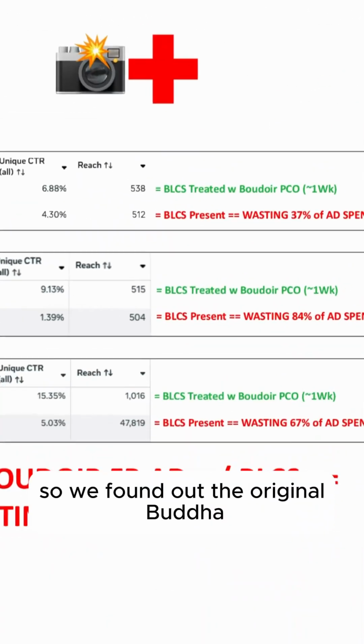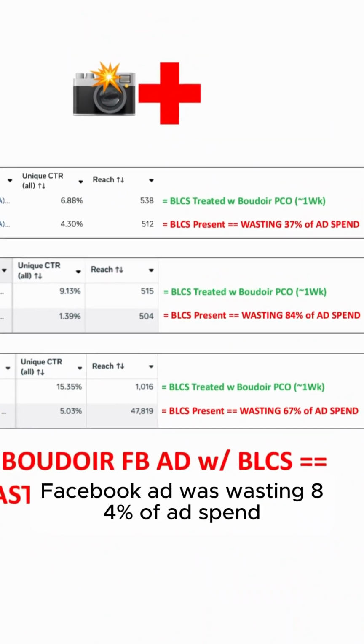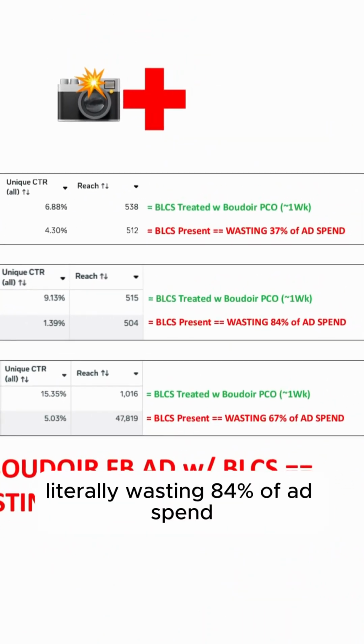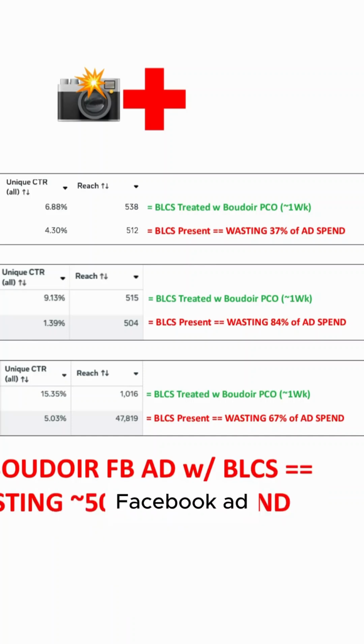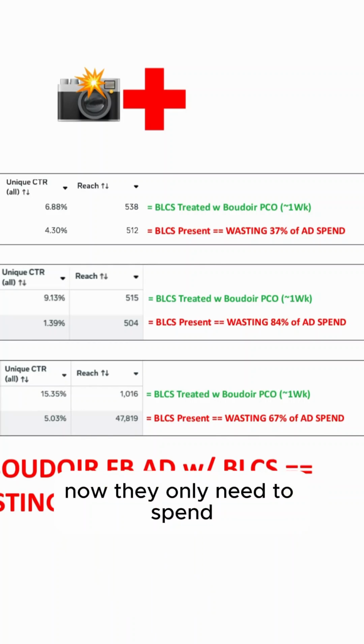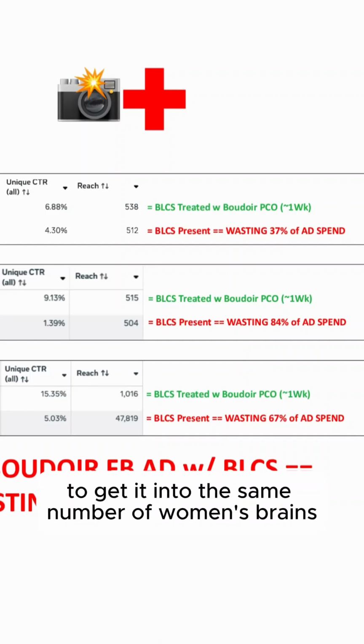So we found out the original Boudoir Facebook ad was wasting 84% of ad spend, literally wasting 84% of ad spend. So if they're spending 10 grand a month on the original Boudoir Facebook ad, now they only need to spend 1.6 grand a month on the Boudoir Pico treated ad to get it into the same number of women's brains.